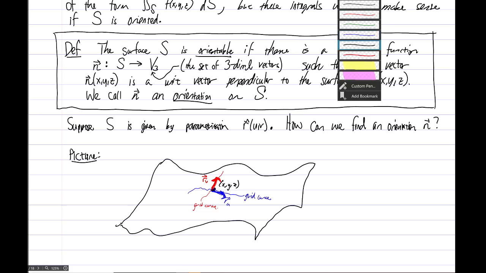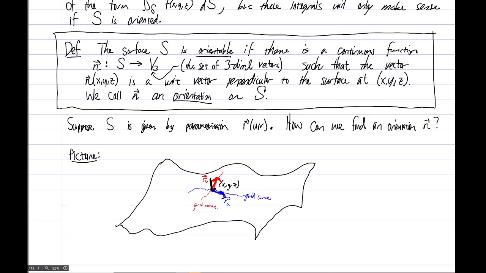The thing we actually want is this vector here that needs to be perpendicular to both the red vector and the blue vector. So what we really want, this normal vector, is r sub u cross product r sub v.